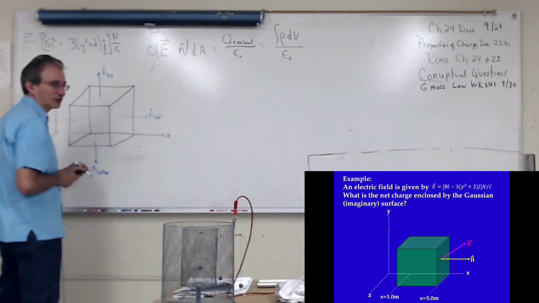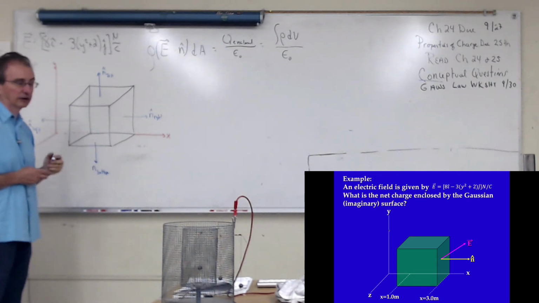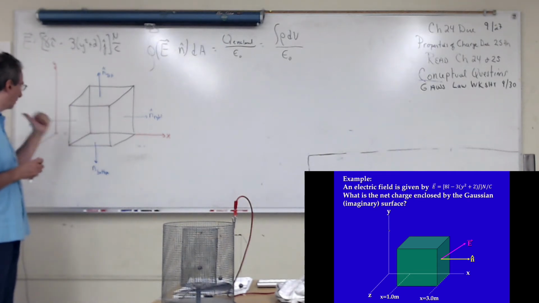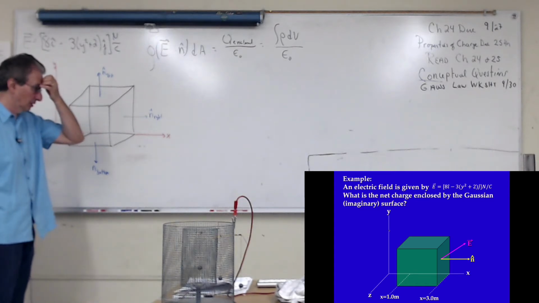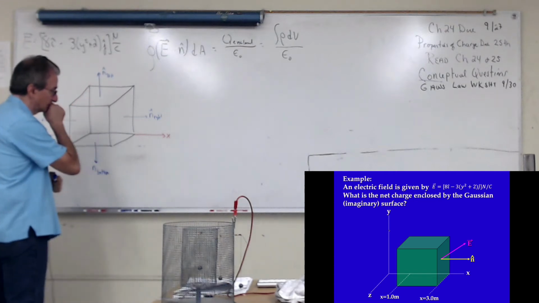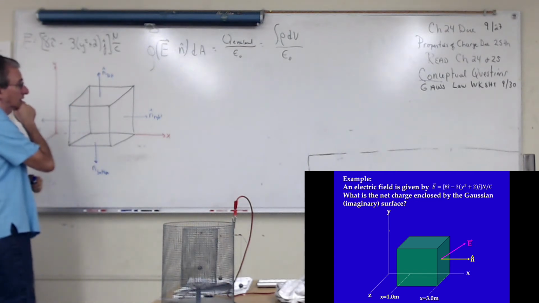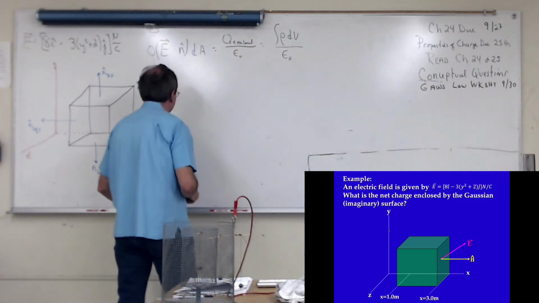And then the hard ones are to draw the front and the back. So there's a normal to the front and a normal to the back. The normal to the front points in a positive z direction. The normal in the back points in the negative z direction. And so I got to take this dot product 6 times. And in fact, I got to calculate the following. I got to do this.